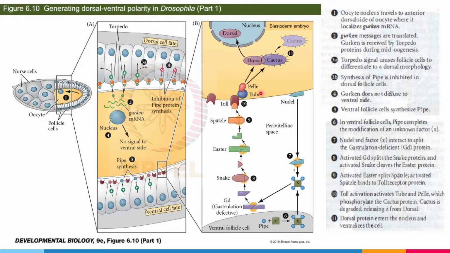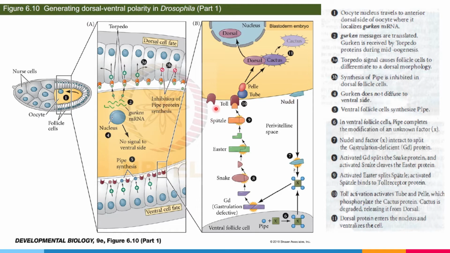oocyte membrane, right here, and the signaling from the Toll receptors goes and degrades the cactus protein. Cactus is holding on to another protein known as dorsal, and does not allow dorsal, which is the transcription factor, to get into the nucleus.